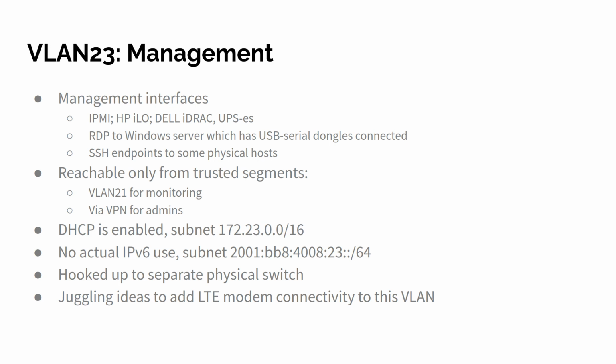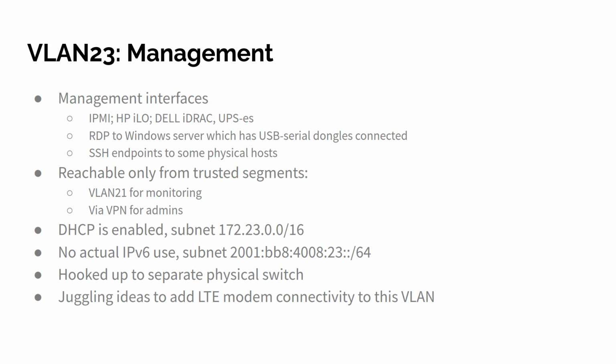So VLAN 21 for monitoring, and from VPN, so system administrators can access the management interfaces. We've got, again, DHCP enabled for convenience. If necessary, we'll use a static lease. There is an IP version 6 subnet configured for this VLAN, but in practice, no one uses it.